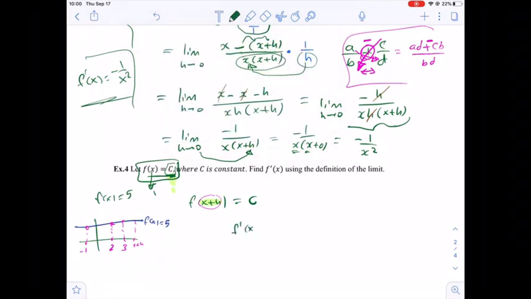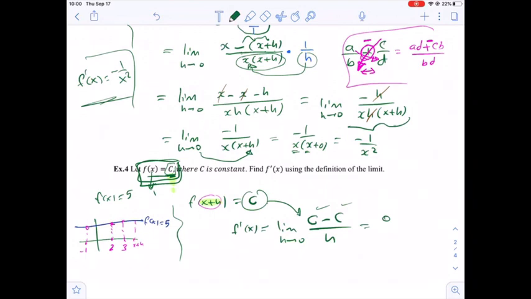Now we apply the formula. F prime of x equals the limit of f of x plus h, that is c, minus f of x. F of x is the original function, it's c as well, over h, as h approaches 0. But c minus c is 0 because it's the same number.